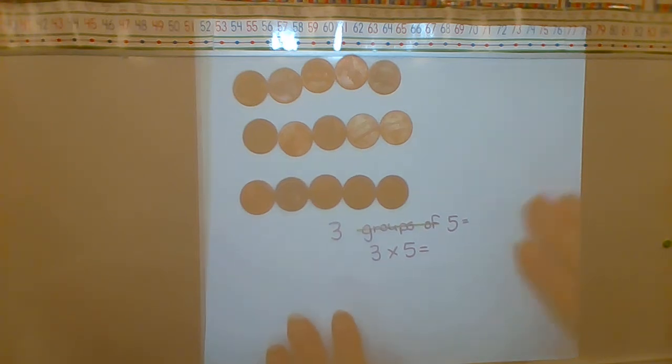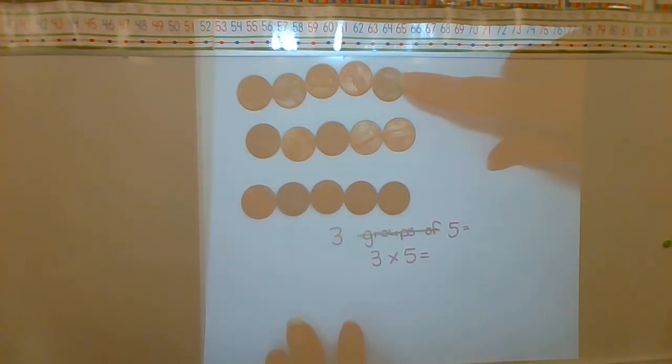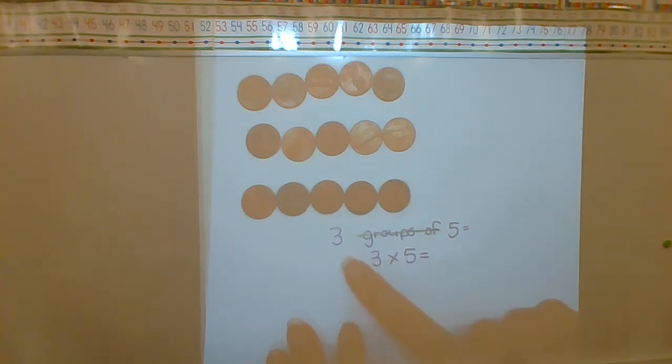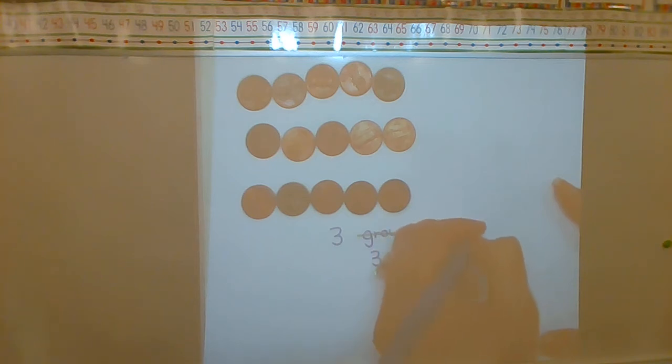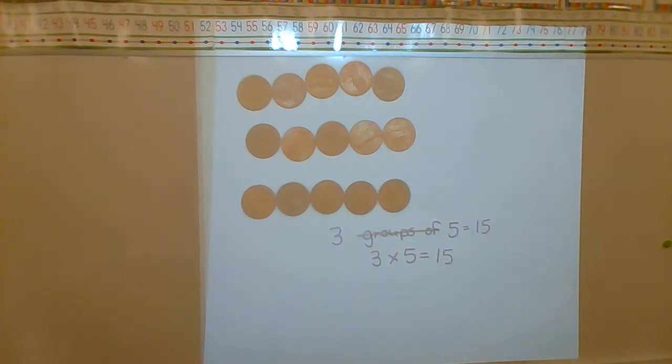If I had this, I can count by five. So what do I have? 5, 10, 15. So three groups of five, or 3 times 5, is 15. That's right, I counted by fives. And remember, multiplication, the times sign, is our shortcut way for mathematicians to write groups of.